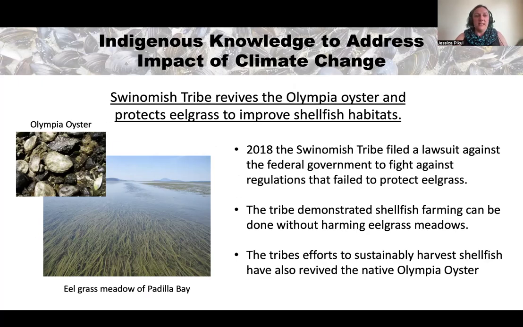What we see with these eelgrass meadows is that they make it much easier for shellfish and other organisms to thrive. So this is another really amazing way that a local tribe has been working to try to buffer our waters from the impact of increasing carbon dioxide concentrations in our atmosphere.